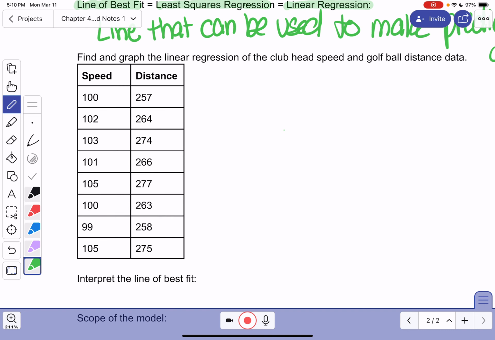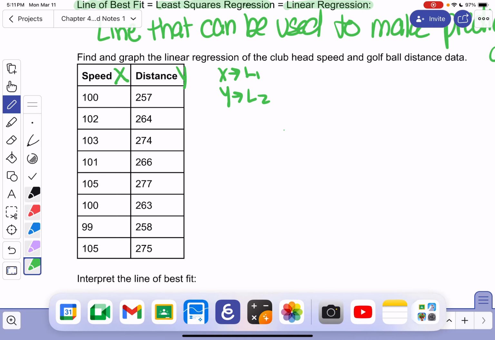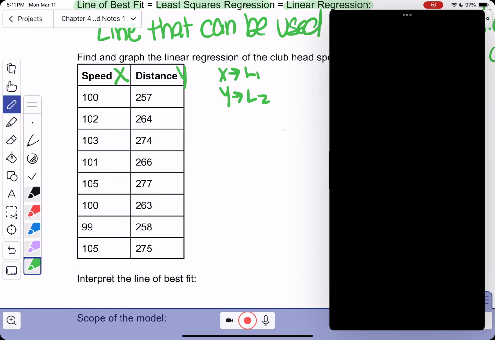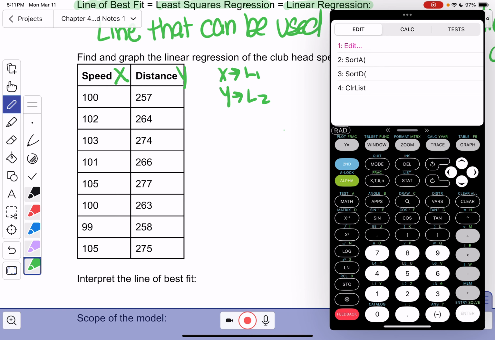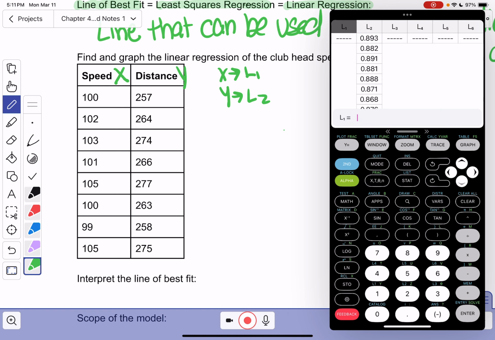So we talked a little bit about this in the first one, but just like when we were making a scatter plot, we would put X into L1 and Y into L2. So you take your calculator, you hit stat, and you type those in there.